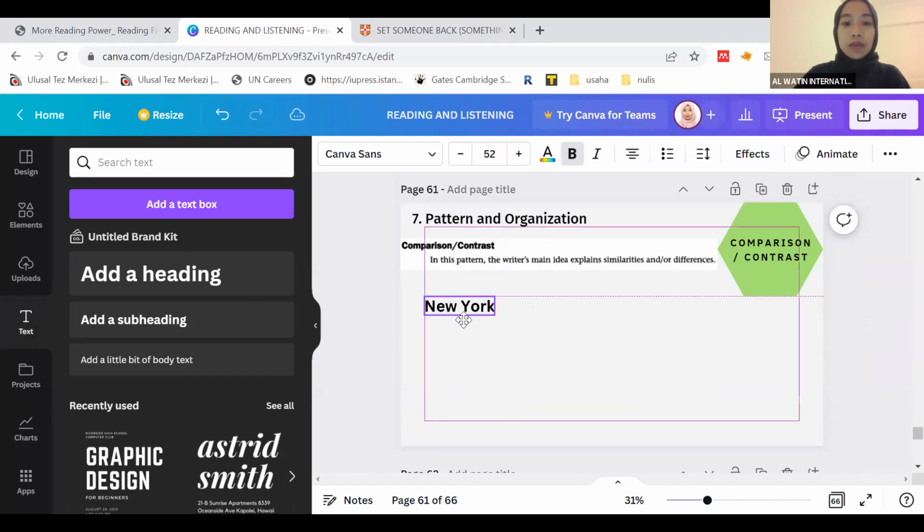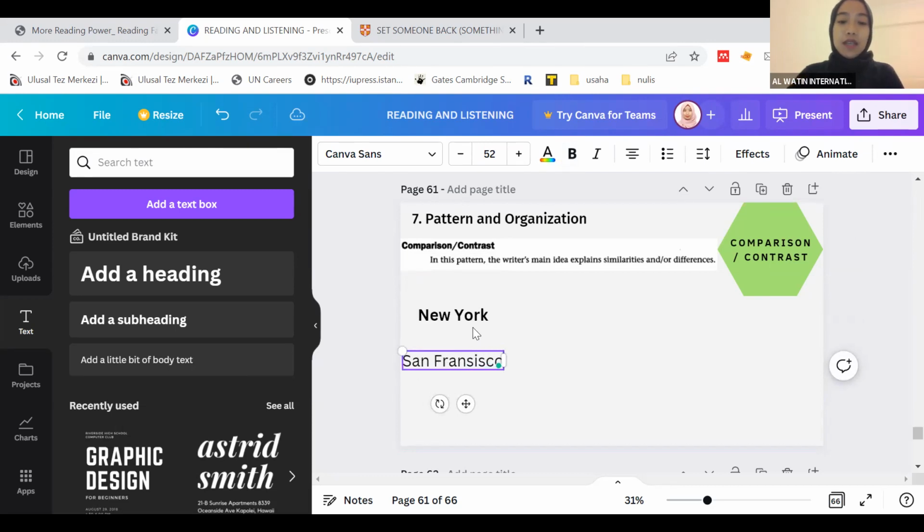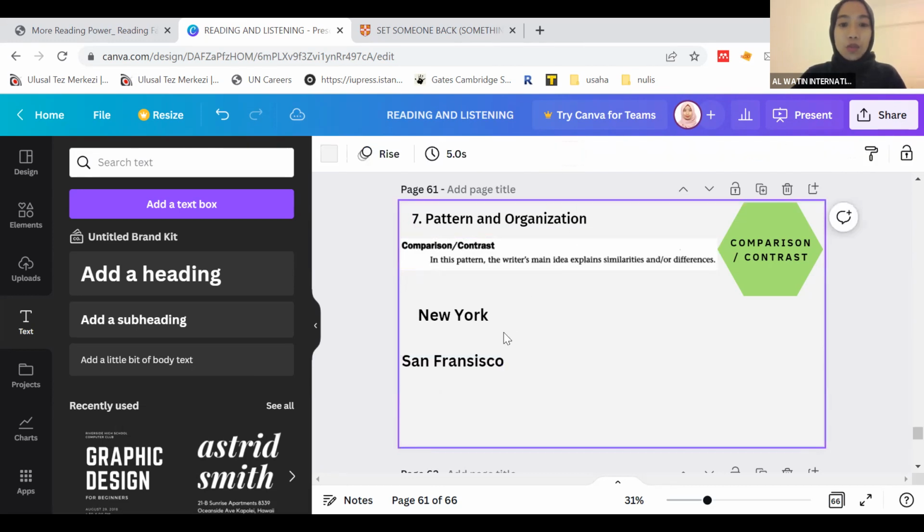So they compare between New York and San Francisco. Okay, so the first one, what are the similarities?